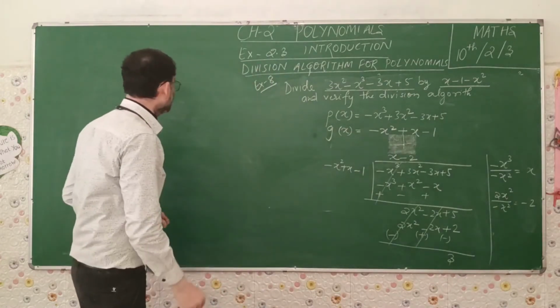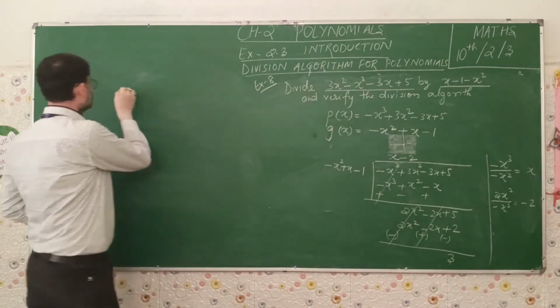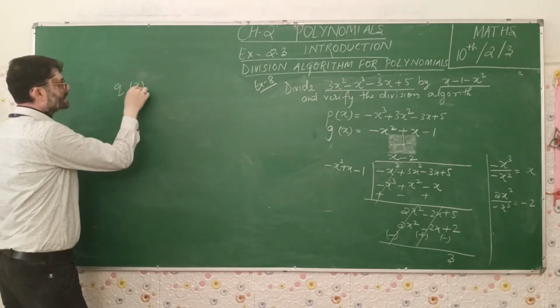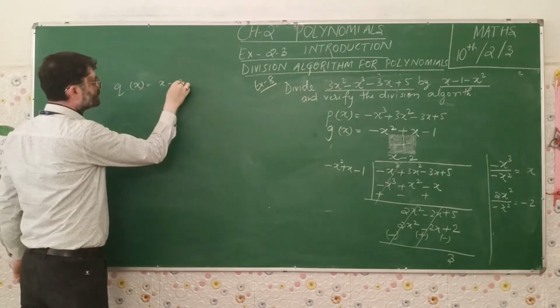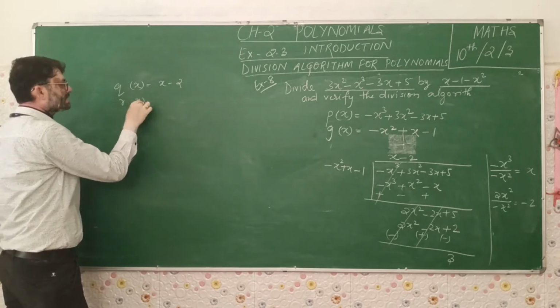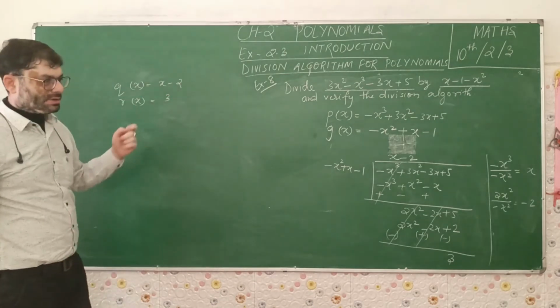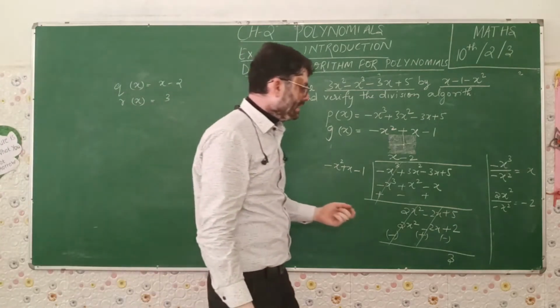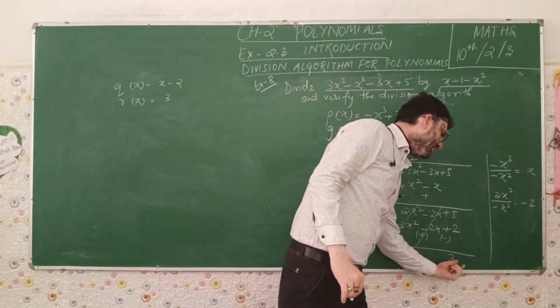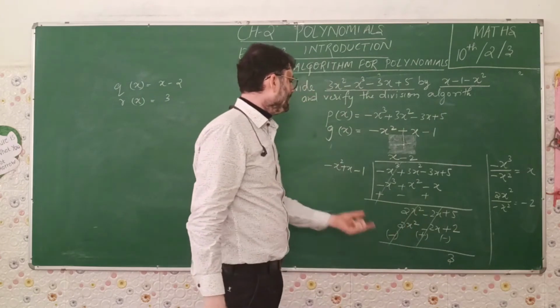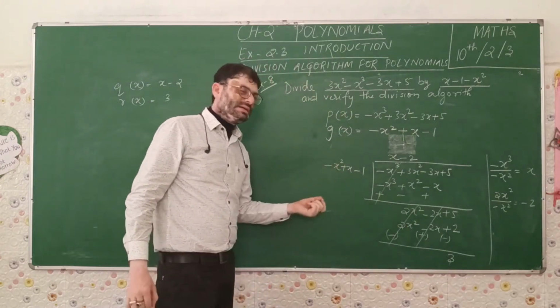So we have now got q(x) as x minus 2 and r(x) as 3. Now the division process is complete because the remainder is 3, whose degree of the variable is 0, and that degree is less than the degree of the divisor.